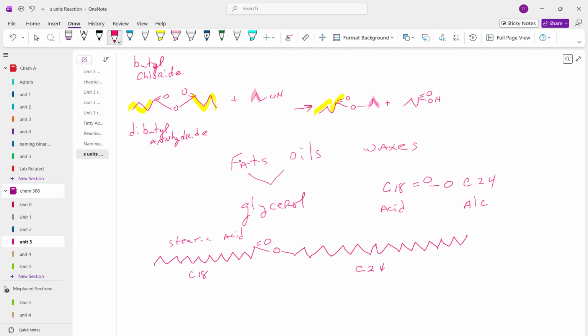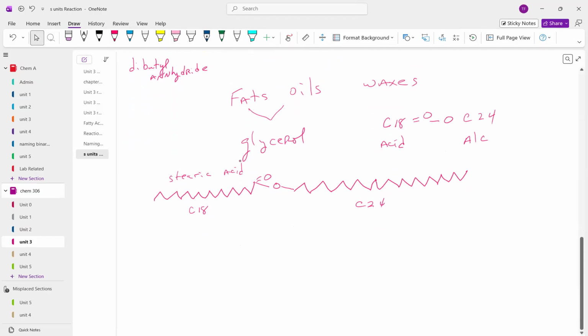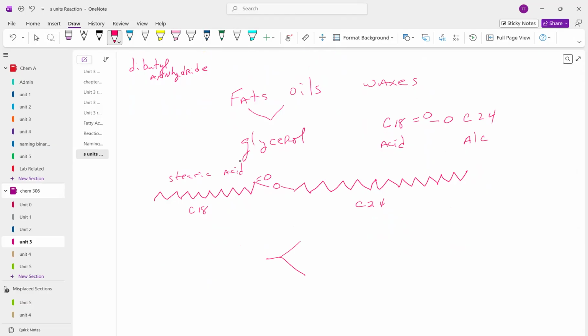Now, a fat or an oil is basically the same thing, except the alcohol has 3 hydroxyl groups on it. So it looks like this. And these 3 acids can be any variation.